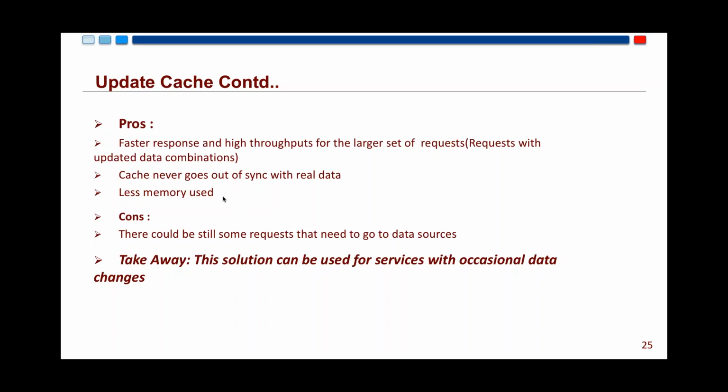If the data for a few services is updated occasionally, not in real time, then we can employ this solution and make use of the framework in solution 1 and the updates in the second solution.